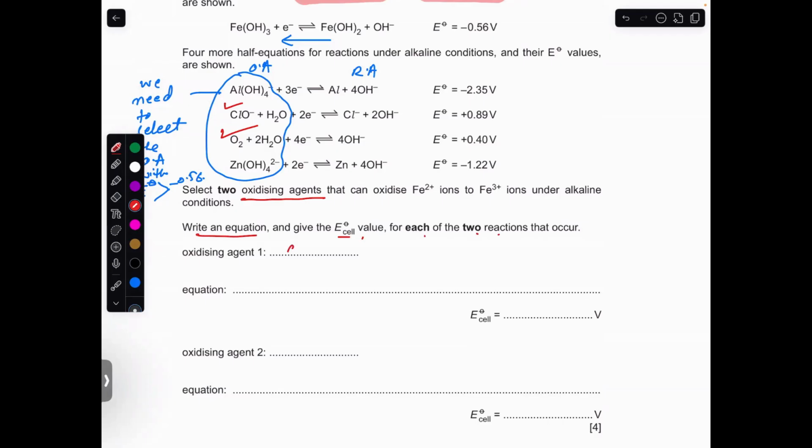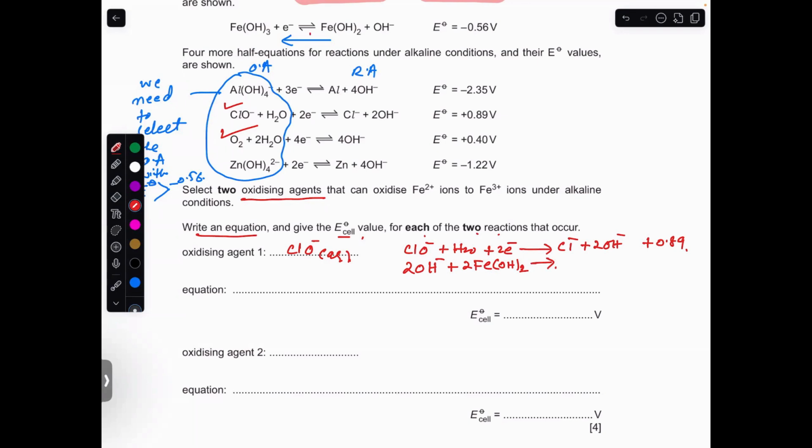So first one, ClO negative aqueous. You can write water, you can write aqueous. The equation: this one plus water plus 2 electron goes to Cl negative and 2OH negative, plus 0.89. The upper one is flipped and multiplied by 2 so that the electrons can be cancelled.